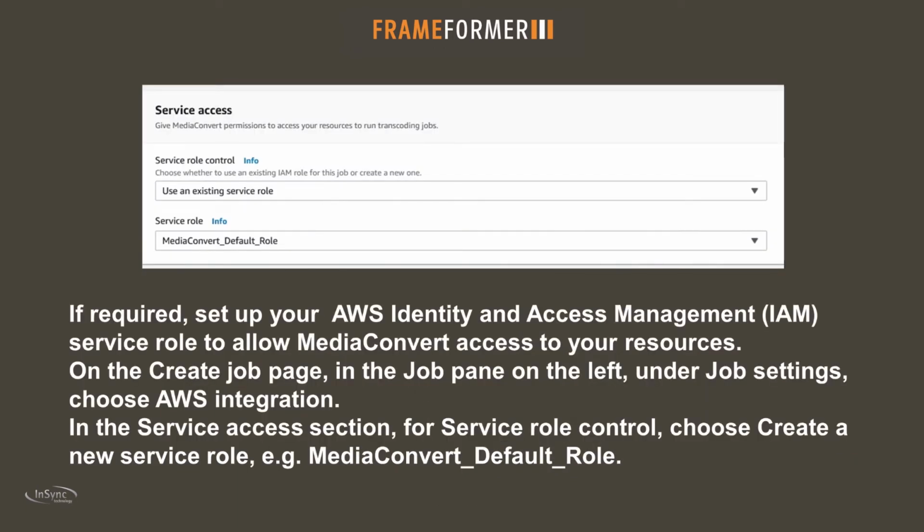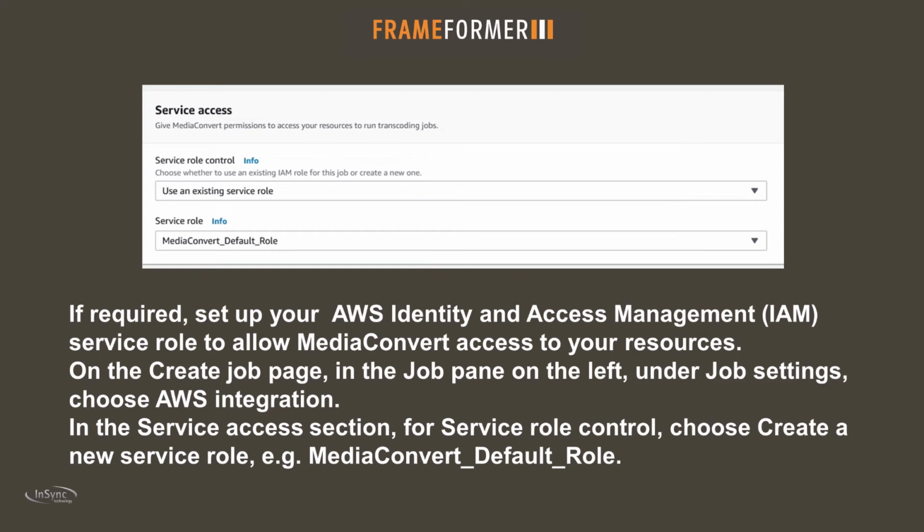If this is the first time you've used MediaConvert, you'll need to set up an AWS Identity and Access Management service role to allow MediaConvert to access your resources. On the Create Job page, in the job pane on the left, you'll find a button, AWS Integration.